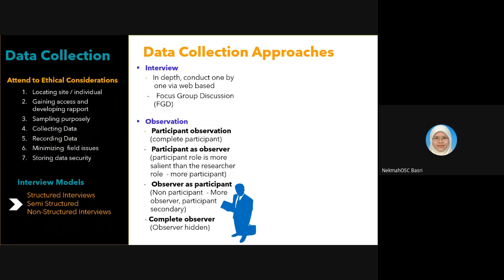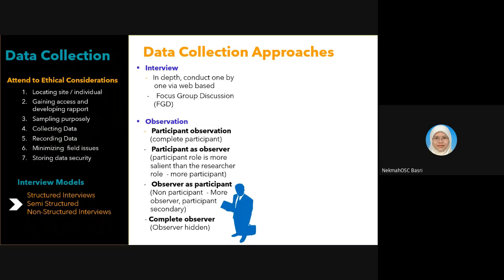Okay, about the observation, participant observation: with a complete participant, and participant as observer, where the participant role is more silent than the researcher role; more participant, observer as participant; non-participant, more observer, participant secondary; and finally complete observer, which is observer hidden.